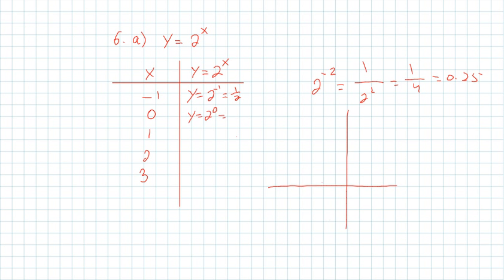So, anything to the power of 0 is 1. Good. 2 to the power of 1 is 2. 2 to the power of 2 is 4. 2 to the power of 3 is 8. What's happening to my numbers?